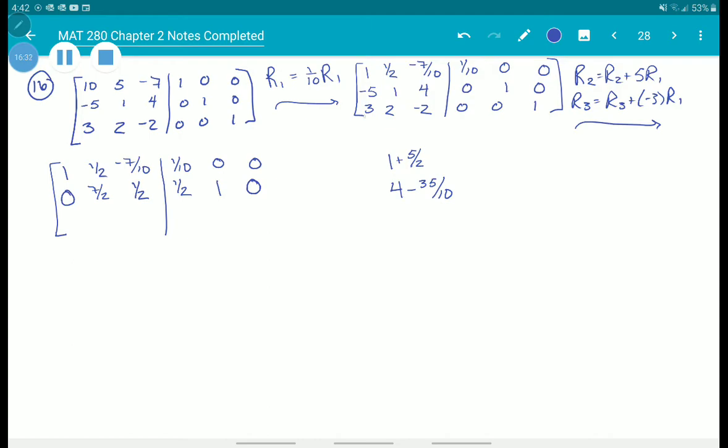Row 3 is row 3 plus negative 3 row 1, so we're going to have a 0 there. We're going to have 2 minus 3/2 is 1/2.